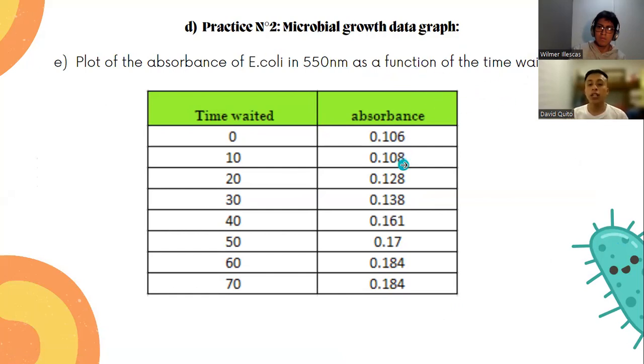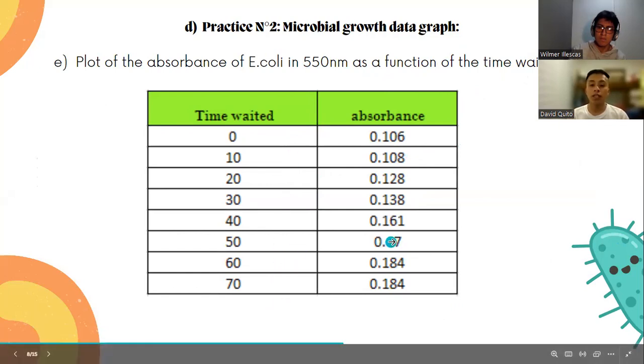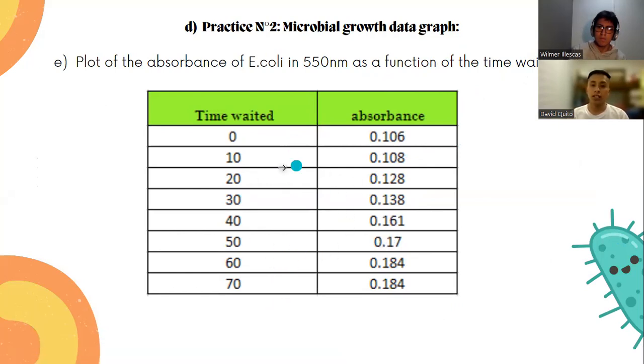In this case, the practice 2 is so different from the practice 1 because in practice 1 the graphic is not coherent, while practice 2 is much more coherent to express in the graph. You can see the time waited and the absorbancy coherence in the graphics of the spectrophotometer.